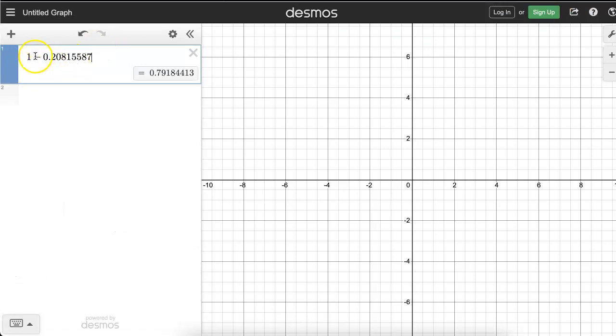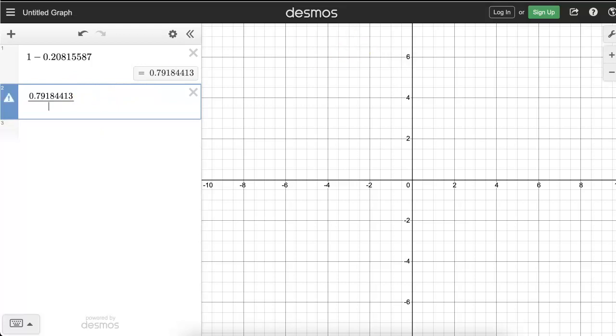What I did was I wanted to subtract that from 1. What I'm trying to find is the product that's needed here so that when I sum everything together, I get a value of 1. So here's the needed product. I'm going to take that number, and I might be able to copy and paste this too. Let me try that. Sure enough, it worked.